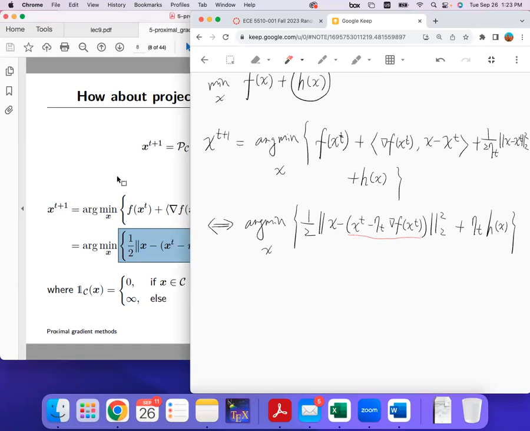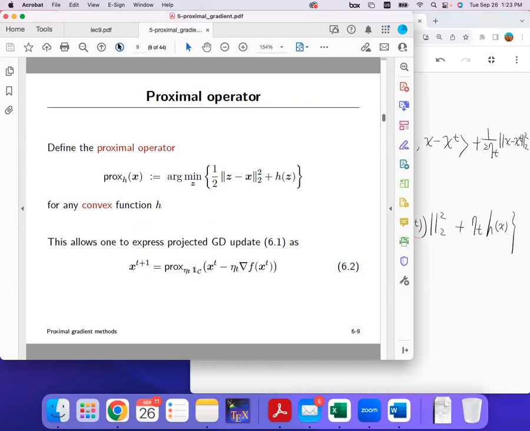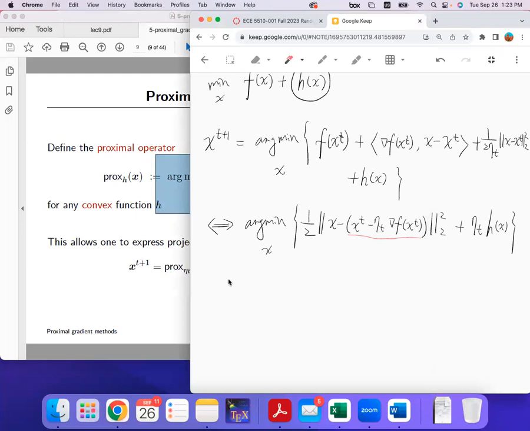This exactly falls into the proximal operator definition. It's 1/2 quadratic distance plus this regularization term. So this part is exactly the proximal operator.